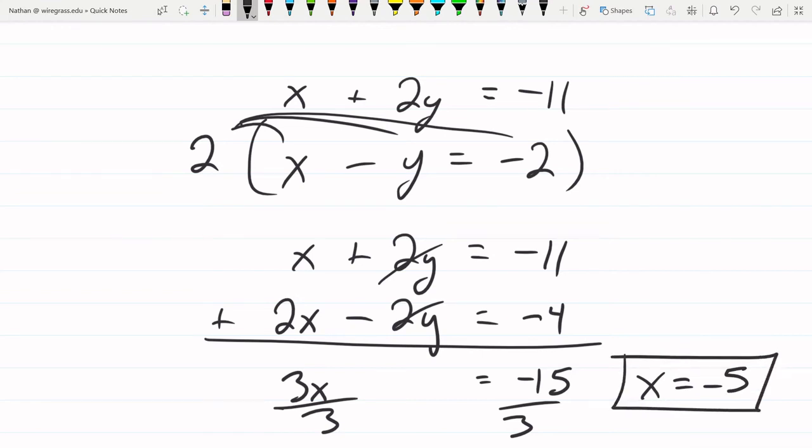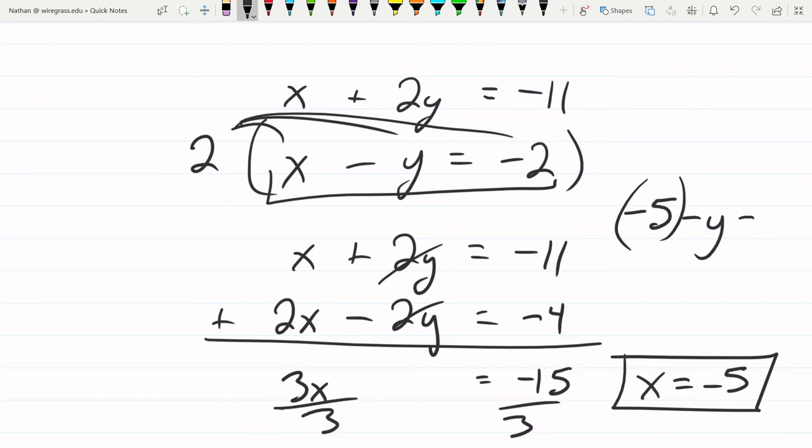All right. Plug this one back into one of the two equations. This bottom equation looks really nice and easy to me, so I'm going to plug -5 into the x spot. Minus y equals -2. That gives me, I can just add the 5 to the other side, equals 3.